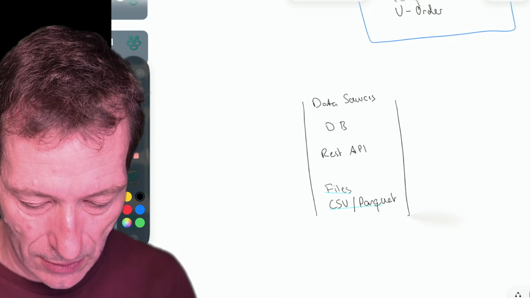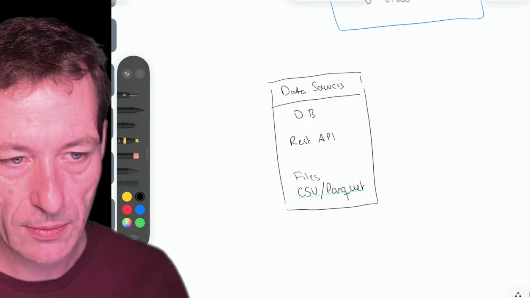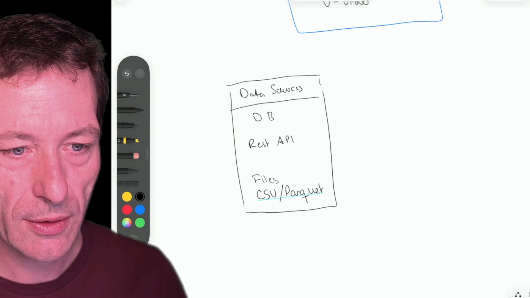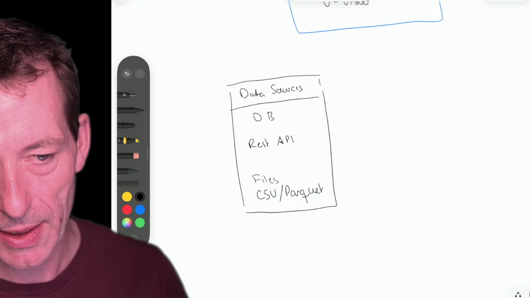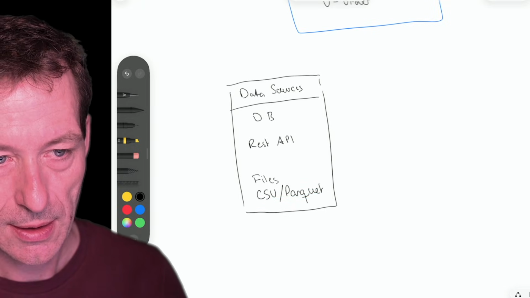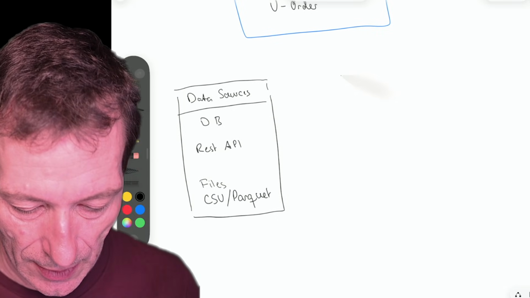So these are all our different data sources that typically go into Microsoft Fabric. Now you have your lakehouses and you have your warehouses, and both data can go into both areas. Let's start with our warehouse.